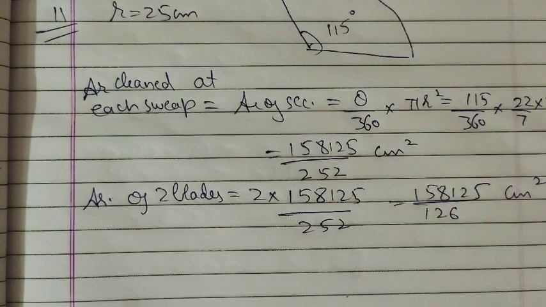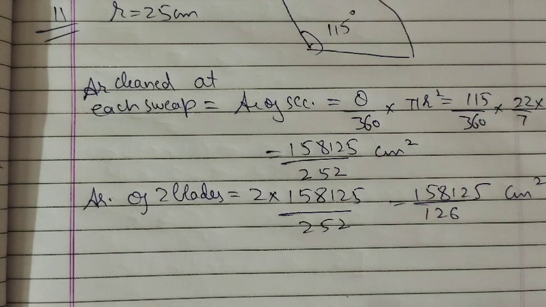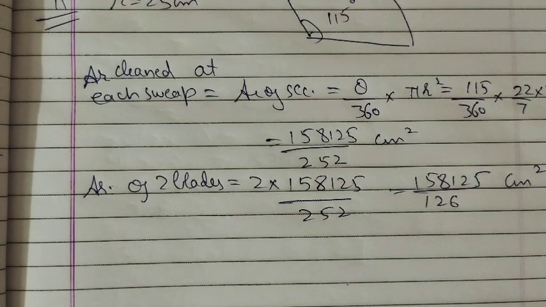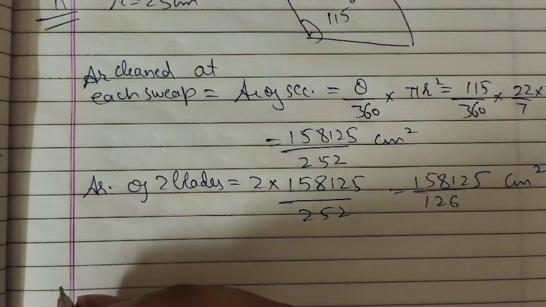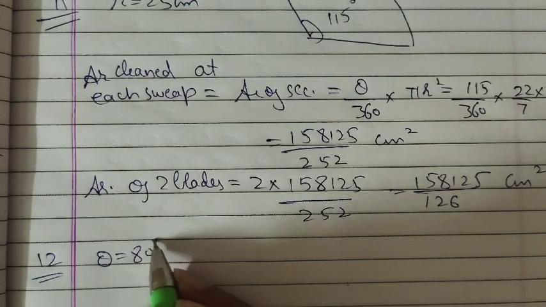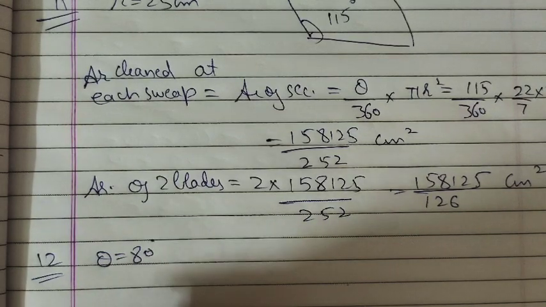Now next comes question number 12. To warn ships for underwater rocks, a lighthouse spreads a red colored light over a sector of angle 80 degree. Theta is 80 degree, right?